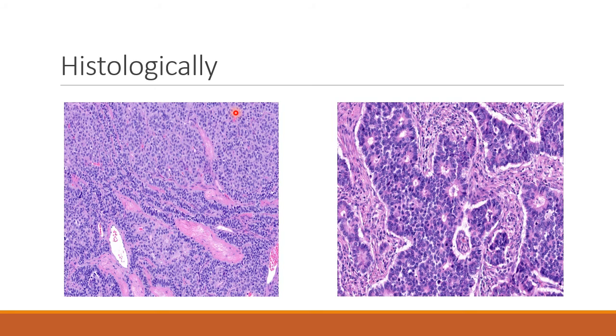Histologically, you can see nests and trabeculae of uniform cells that contain small round to oval nuclei with granular eosinophilic cytoplasm, and chromatin is salt and pepper type. You can also see rosette-like formations with a central lumen and the cells at the periphery. These are the histological features.